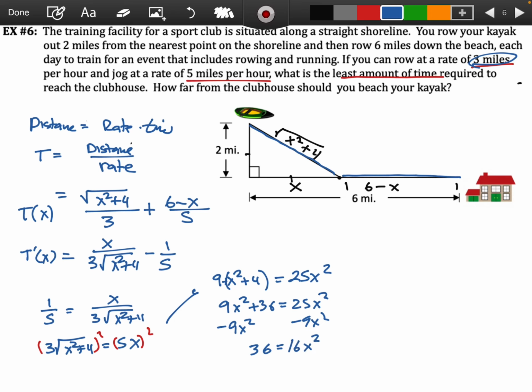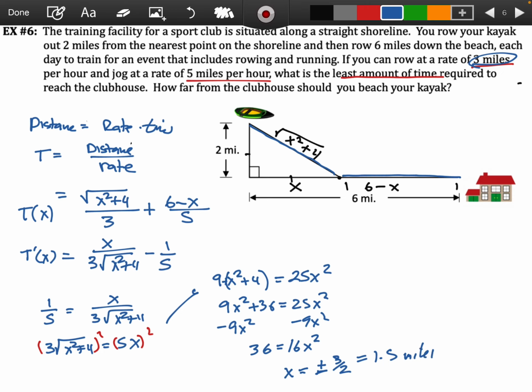You could simplify that out. You could divide by 4 and get 9/4. And anyways, when you do this, you're going to get X is equal to plus or minus 3/2, which is about 1.5 miles. And that's it.